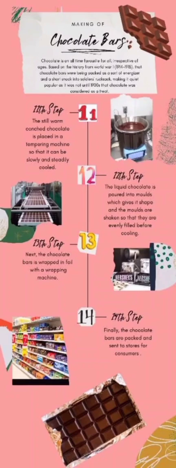So the next process is the wrapping process. Next, the chocolate bar is wrapped in foil with a wrapping machine. This protects the chocolate from contamination while also lending it a fancy appearance and enabling the makers to brand their product.